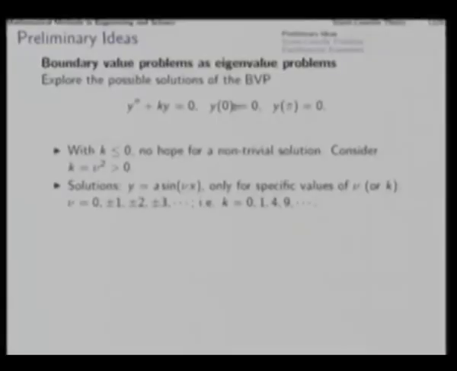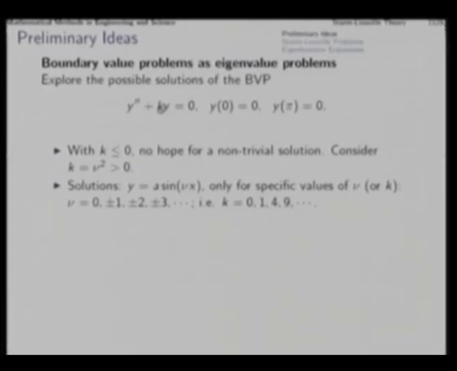Now, if you find an exponential solution which will rise from the 0 value at some point, then it will never return to 0 value again. So, with negative k we cannot hope for a solution.